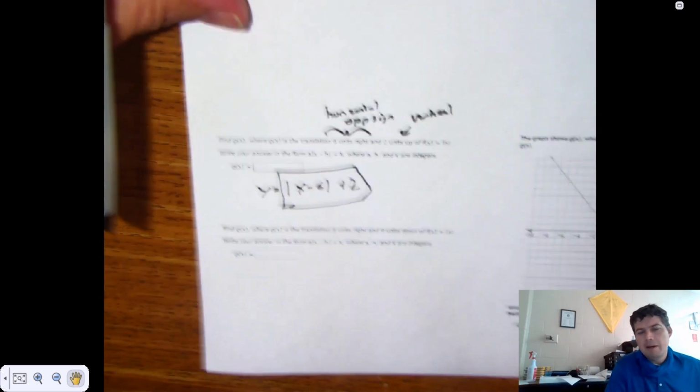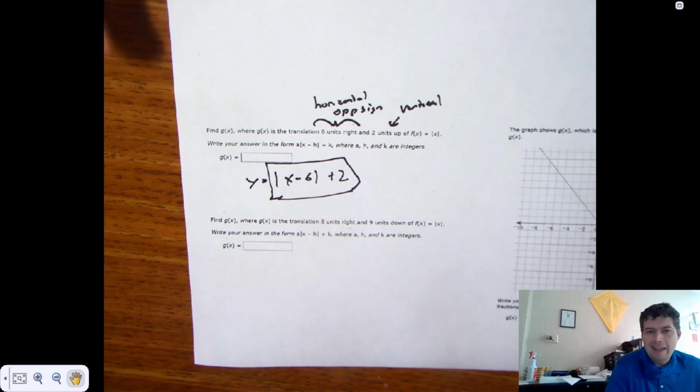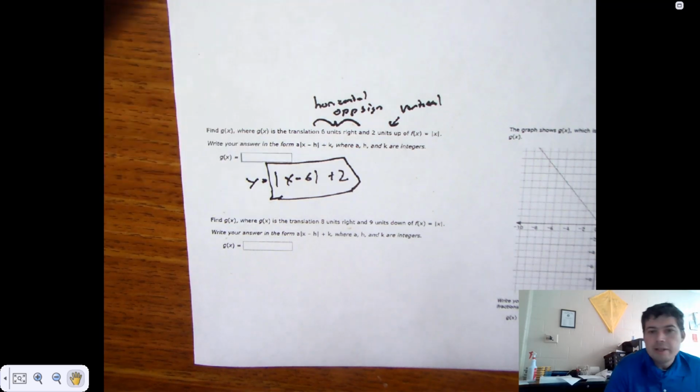Now, I do feel like modifying this one. Because we haven't actually talked about that A value other than a reflection. So find g of x where g of x is the translation 8 units right and 9 units down of f of x equals the absolute value of x.